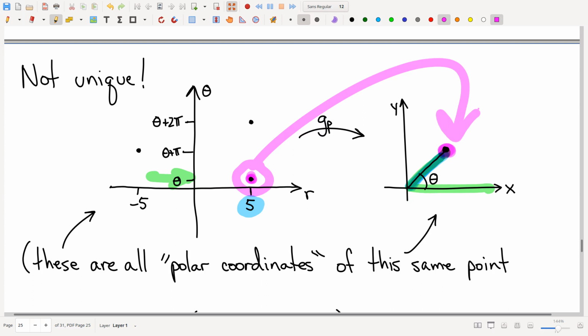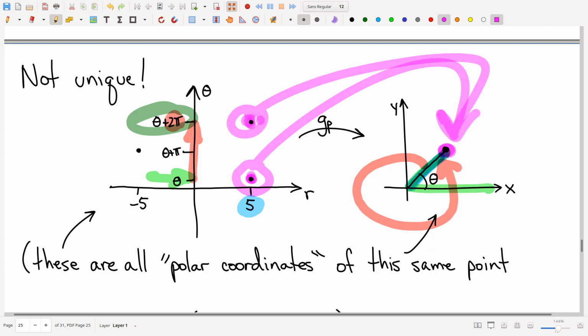But here's the thing. Notice if you just add 2 pi to the value of theta. In other words, if you just go around a whole other turn, you're back to pointing the exact same direction again. So this greater value of theta also gives you a set of polar coordinates that lands on the exact same point.